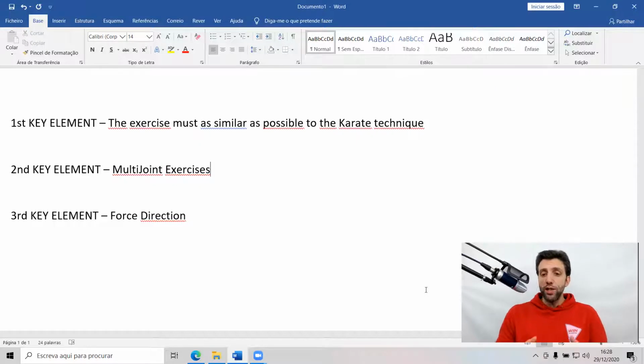So we always must teach the muscles involved in a complex movement as a gyakuzuki, as a displacement from a zenkutsudachi to a shikodachi, from a maegeri. I need to teach those muscles to work together. It's not just the sum of the strength and power of each muscle isolated. That doesn't have a good transfer to what we need to do in karate.